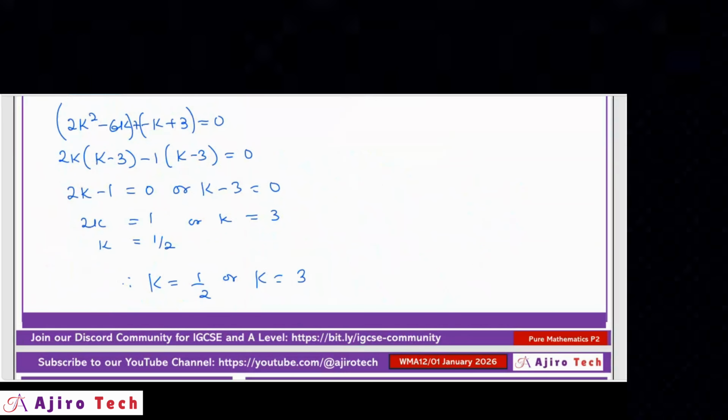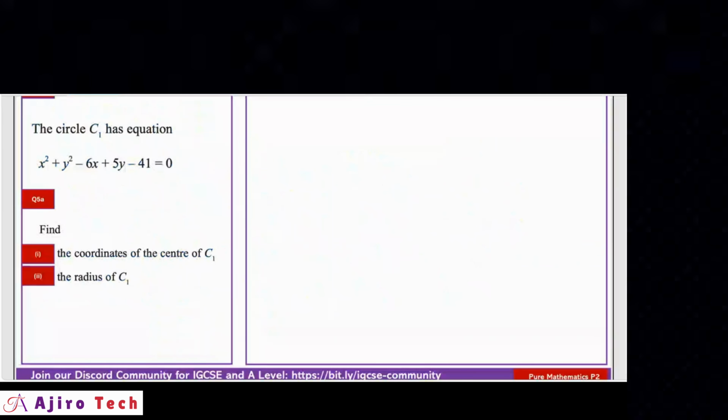Okay, we have a question on the equations of a circle. The first one is given in terms of the general equation of a circle. The equation of a circle is written as x squared plus y squared plus 2gx plus 2fy plus c equals 0.